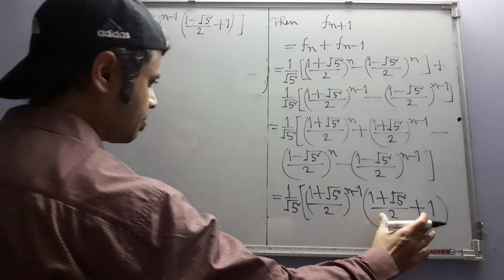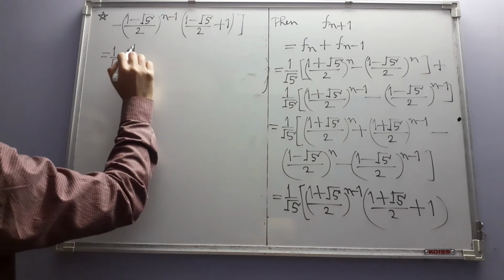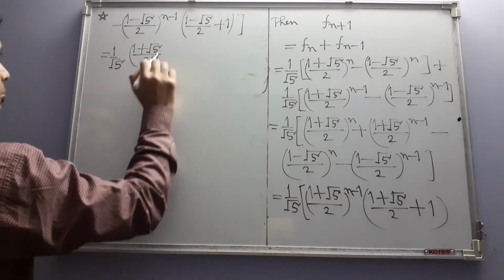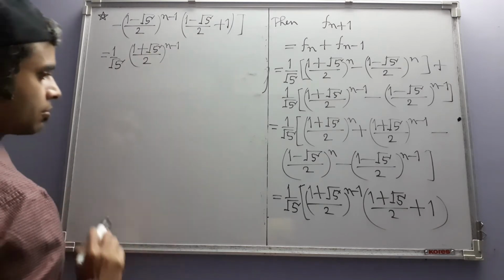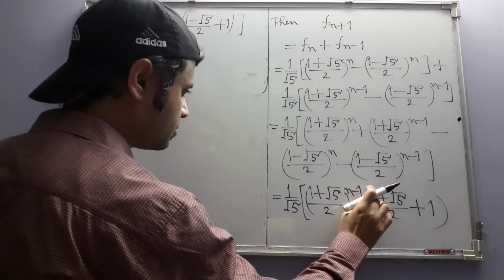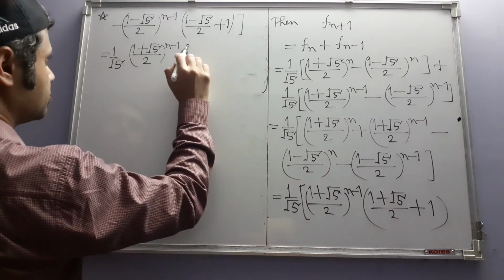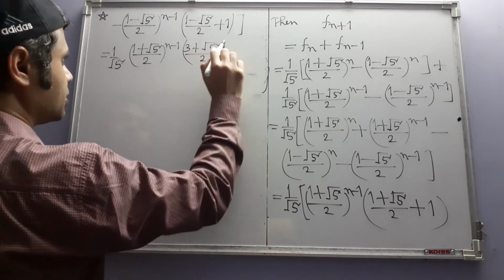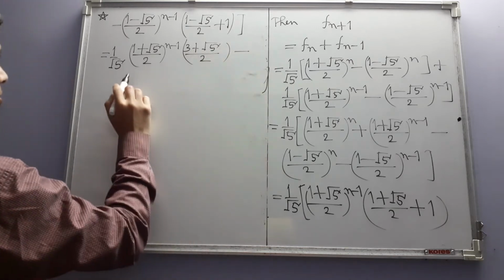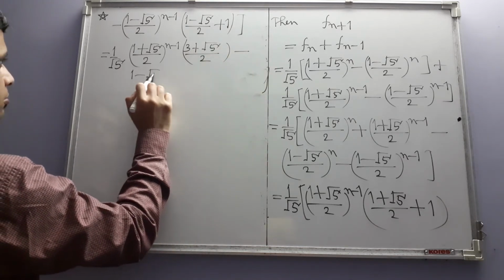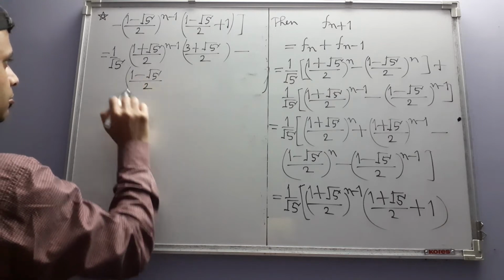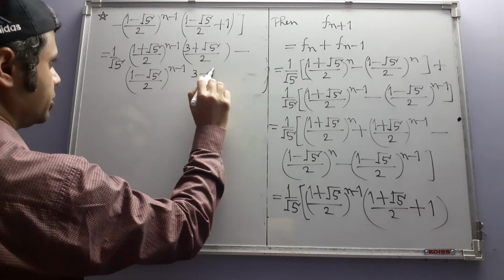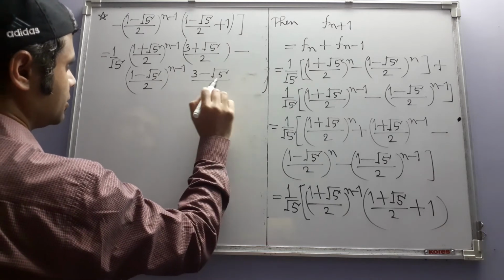Now, what about this? This becomes 3 plus root 5 divided by 2 minus, and this like that becomes 3 minus root 5 divided by 2.